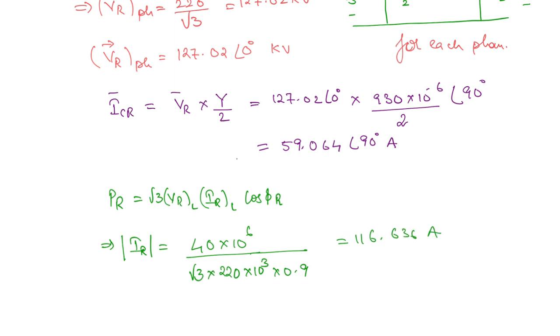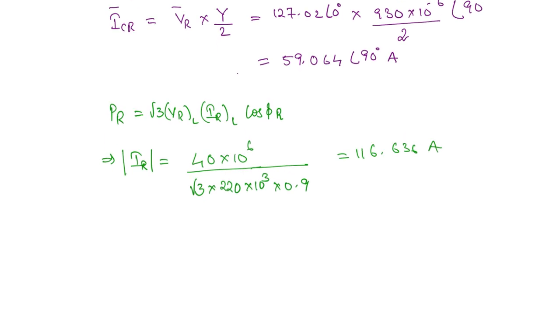So this you are going to get 116.636 amperes. Now this is a lagging load. It is given that the power factor is lagging. So that means the current will lag the voltage by an angle which is equal to cos inverse 0.9. Angle IR is equal to angle of VR minus the power factor angle, cos inverse 0.9.